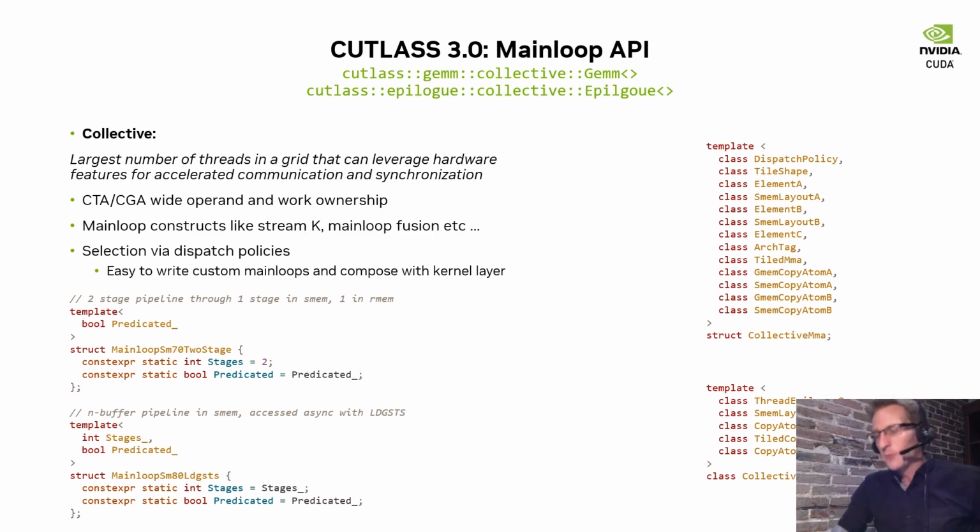And we provide a library of these main loops, which include predicated main loops, non-predicated main loops, pipelined main loops for Volta, which pipeline through shared memory and registers, pipelined main loops through Ampere, which pipeline in shared memory, and of course, the upcoming Hopper main loops that we will provide. These are dispatched to via dispatch policies, and so it's very easy to write your own dispatch policy and start constructing your own main loops.